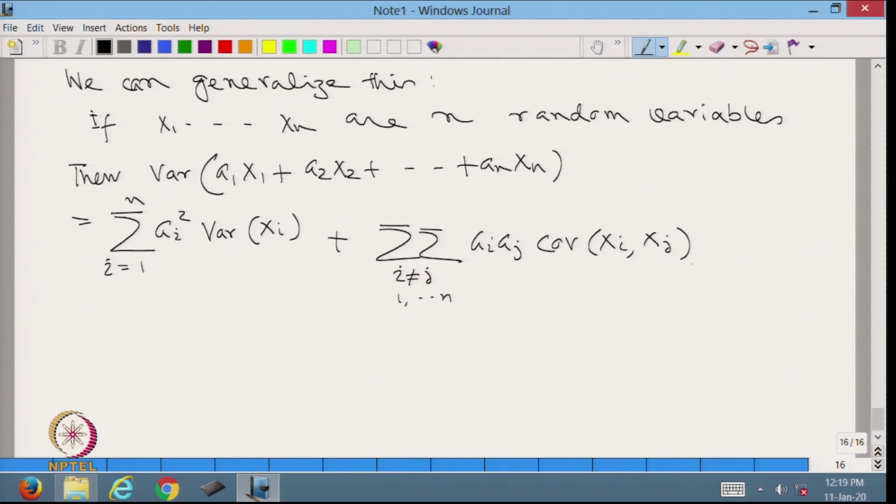covariance between xi, xj. Now, if all the xi's are independent of each other, then this term becomes 0.